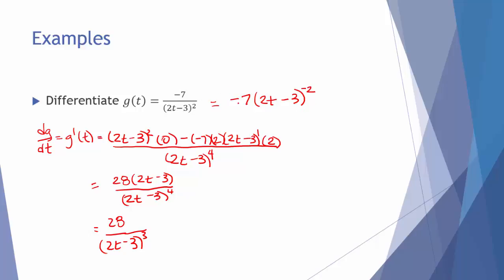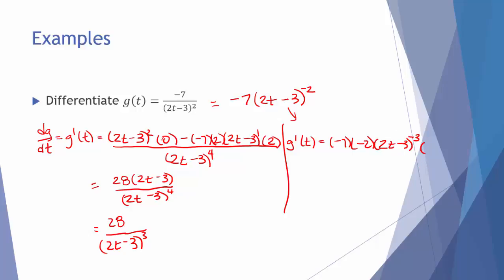These are equivalent to each other. And now what you can do is just use power rule and chain rule. So then g prime of t will be negative 7 times that negative 2, because this is the chain rule. We drop the negative 2 as a coefficient, leave the 2t minus 3 as is, and raise it to the new power of negative 2 minus 1, which is negative 3, times the derivative of the inside function.